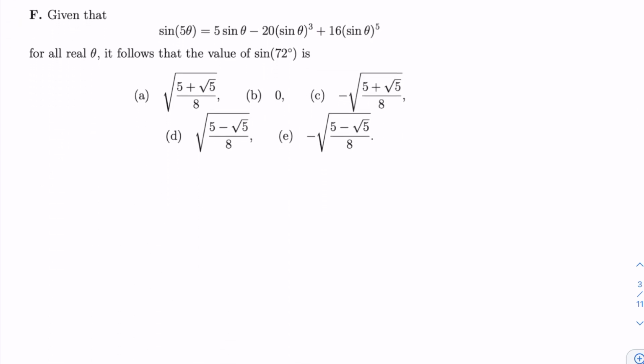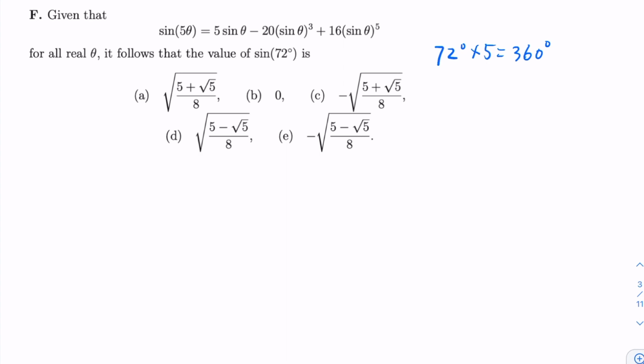Okay, here we're given that sine 5 theta has this formula here, and we try to find sine 72 degrees. Notice that 72 times 5 would be 360, and the sine of that is 0.